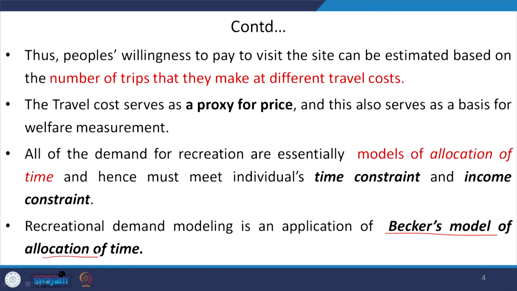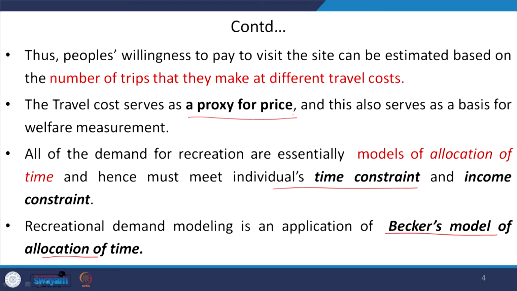In recreational demand, we are also talking about this model of allocation of time, where we take the individual time constraint as well as the income constraint into account. The very generic thing is that the travel cost serves as a proxy for the price.